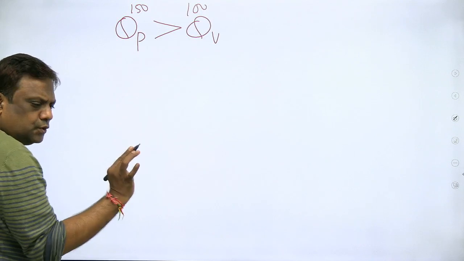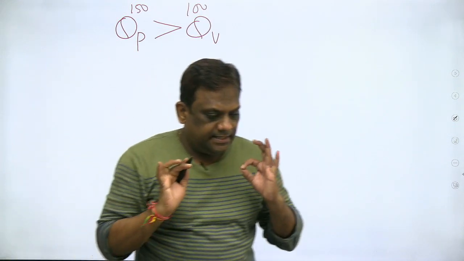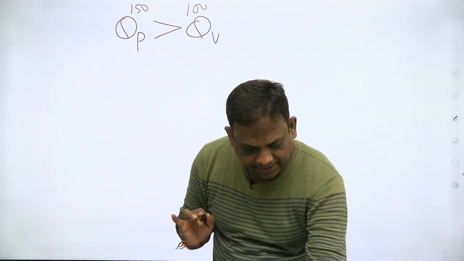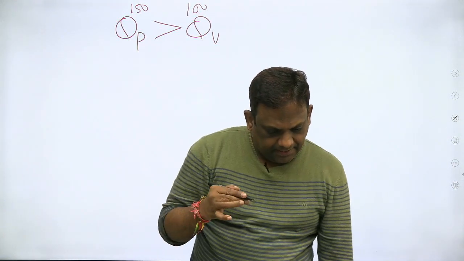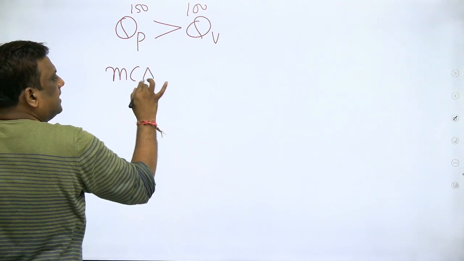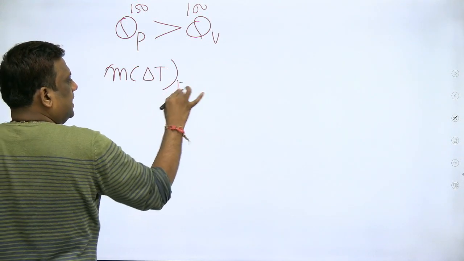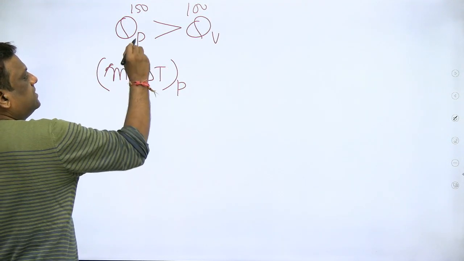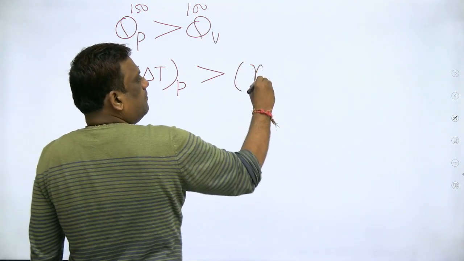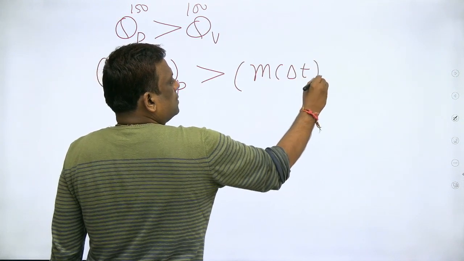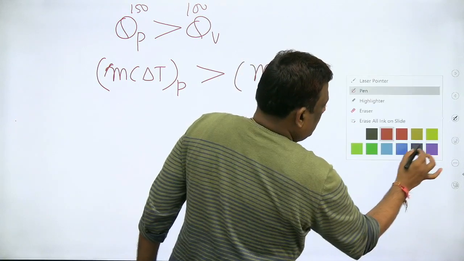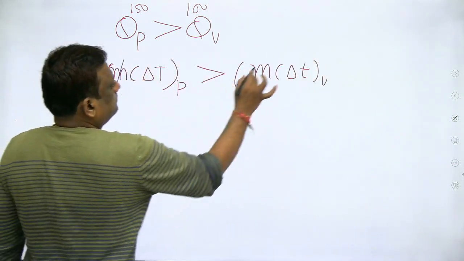But just now you saw Q is m c delta T. Look, Q is m c delta T at constant pressure, and Q is m c delta T at constant volume. Excellent. In both cases, my dear students, you took the same mass.